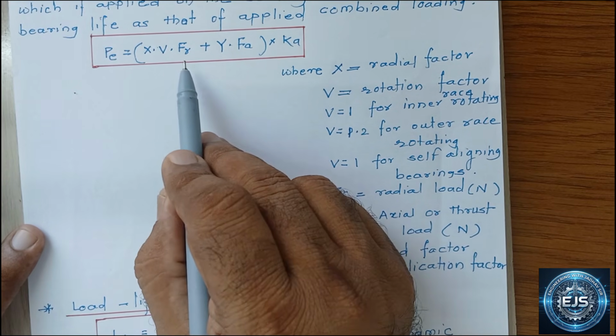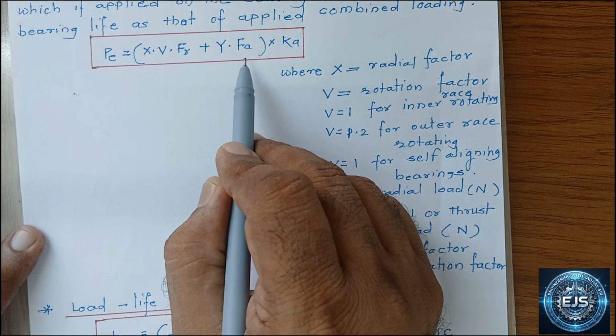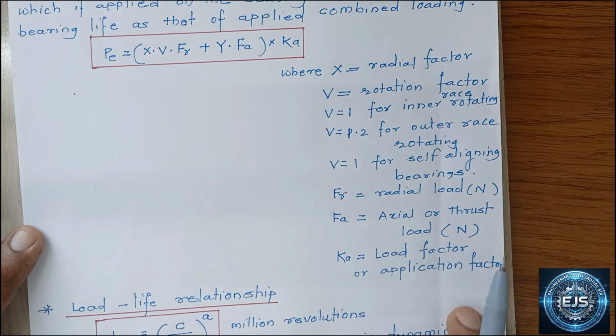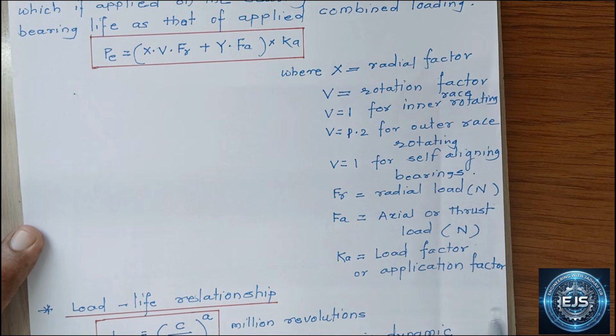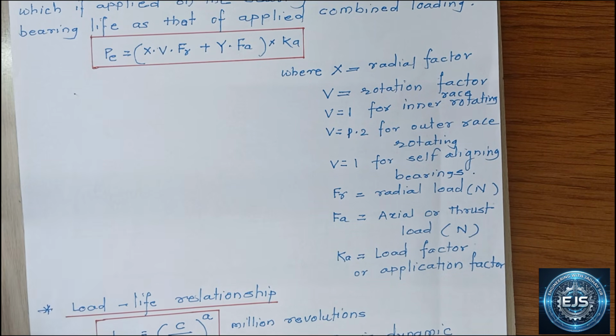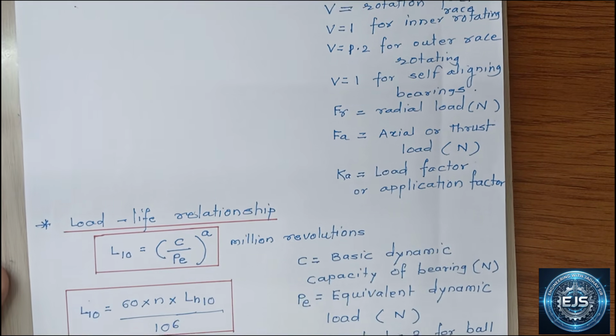Equivalent dynamic load is a combination of radial and axial load multiplied by radial and axial load factors. X and Y are the radial and axial load factors, and V is the rotation factor. For inner race rotating, V is equal to 1. For outer race rotating, V is equal to 1.2. So this is about equivalent dynamic load of the bearing.